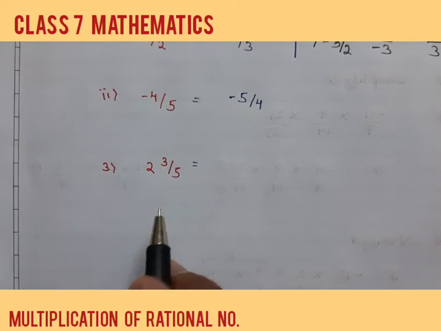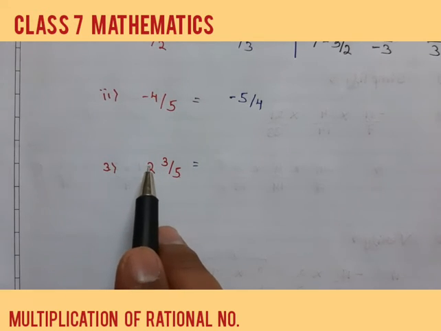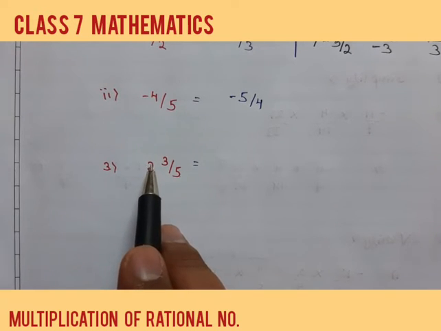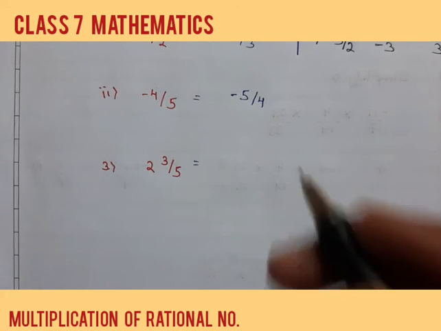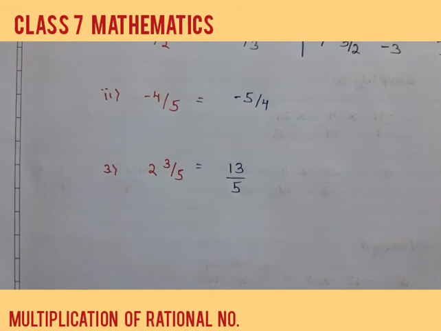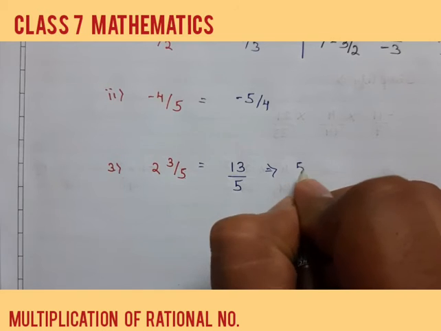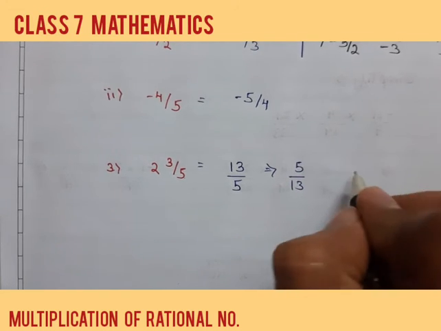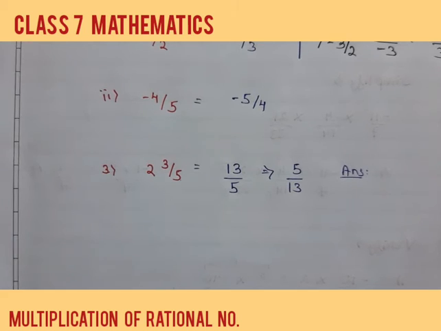I have already told the method in my previous lectures. 5 into 2 is 10, 10 plus 3 is 13, that is 13 upon 5. Now the reciprocal of 13 upon 5 will be 5 upon 13. This is the final answer.